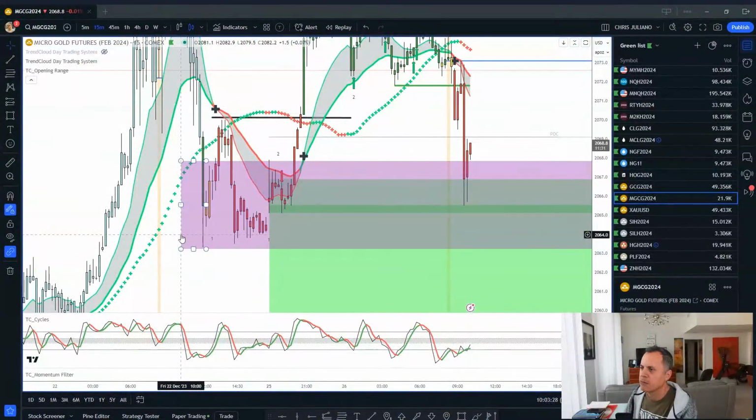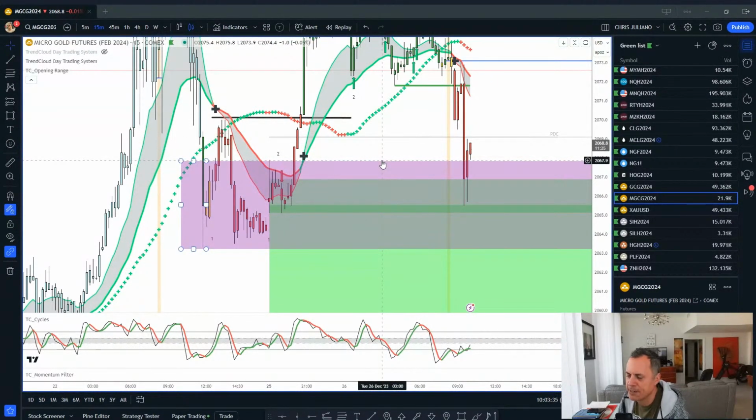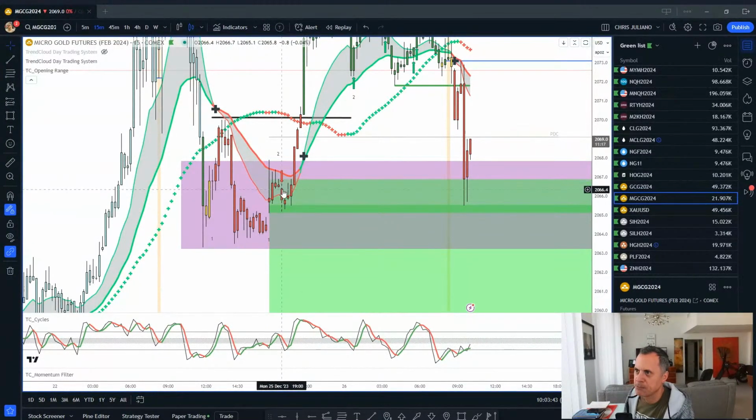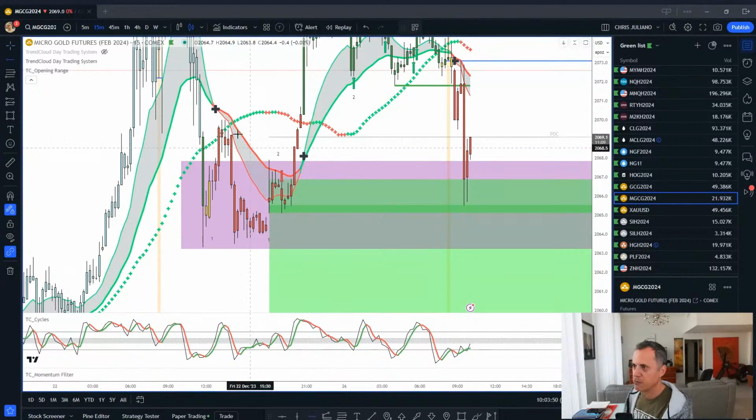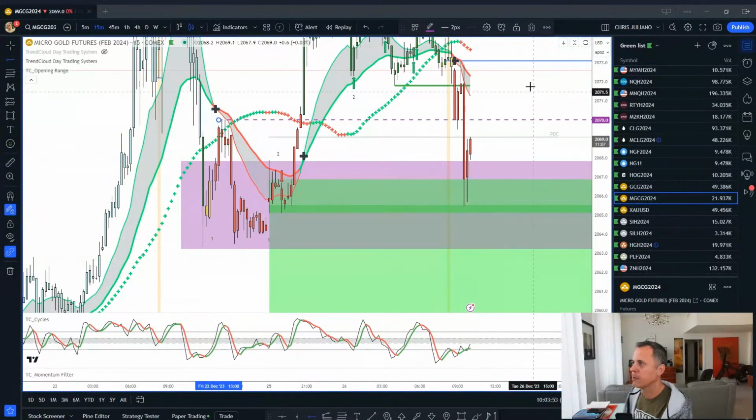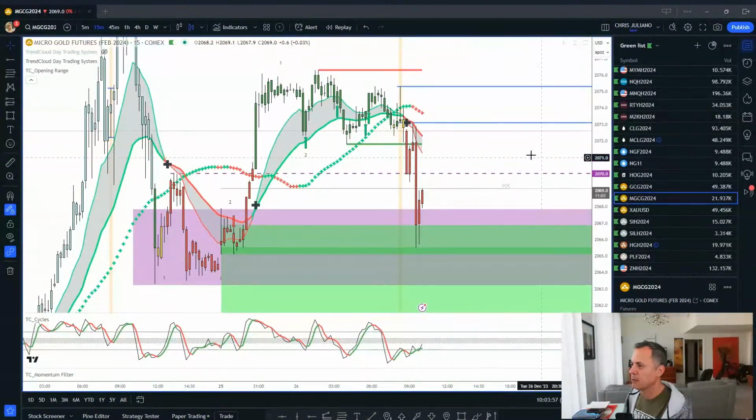So the purple is the middle time frame demand zone that didn't do anything. And then the green box here is the 15-minute demand zone that did break structure. Okay. So that's what it's reacting off of.